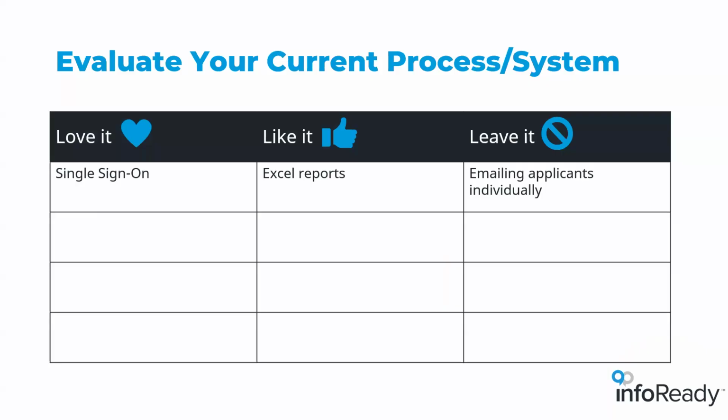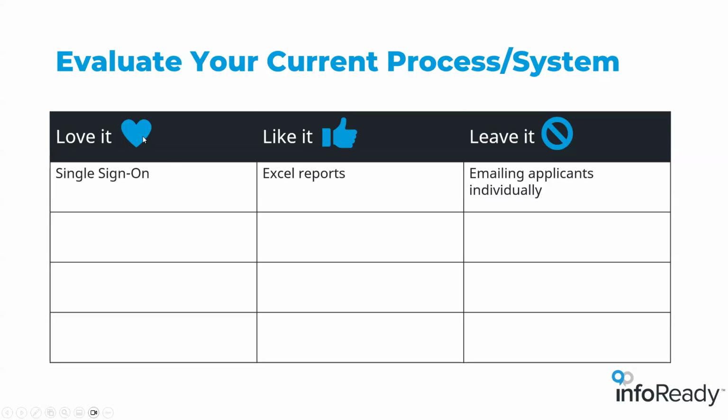One thing that can be really helpful, especially if you're thinking about a specific process that you want to transition over, is making a love it, like it, or leave it list. This is just a brief table with examples that I've heard of from clients.